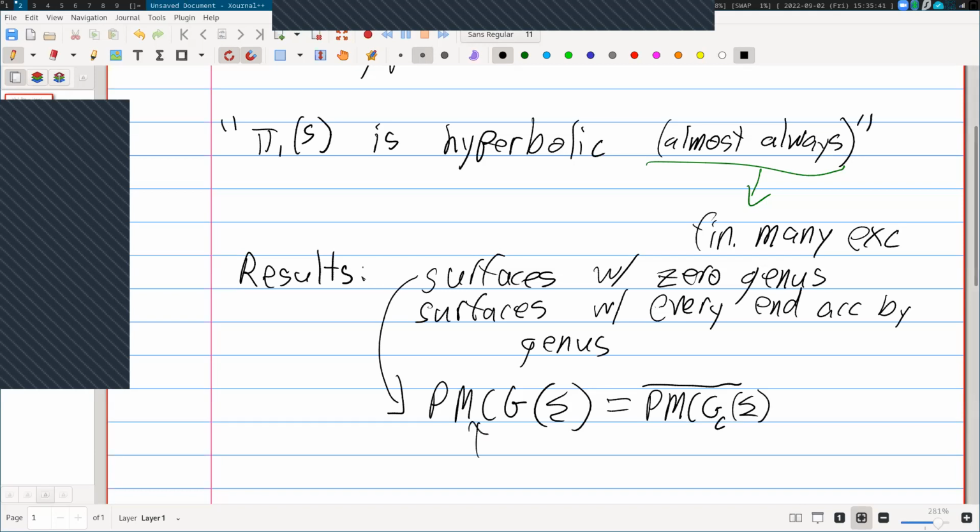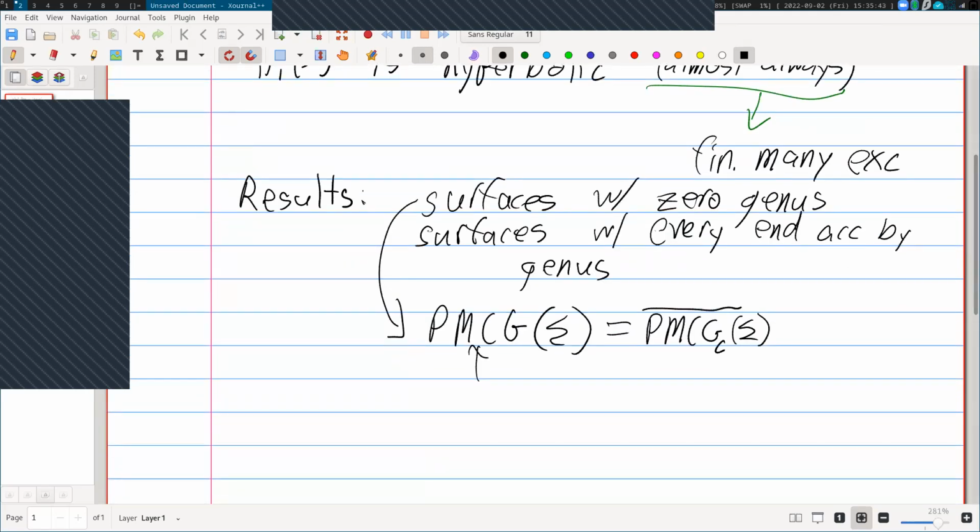This is all the mapping classes that fix the ends. And this is all the mapping classes that have compact support. All the mapping classes that have a representative which has compact support.